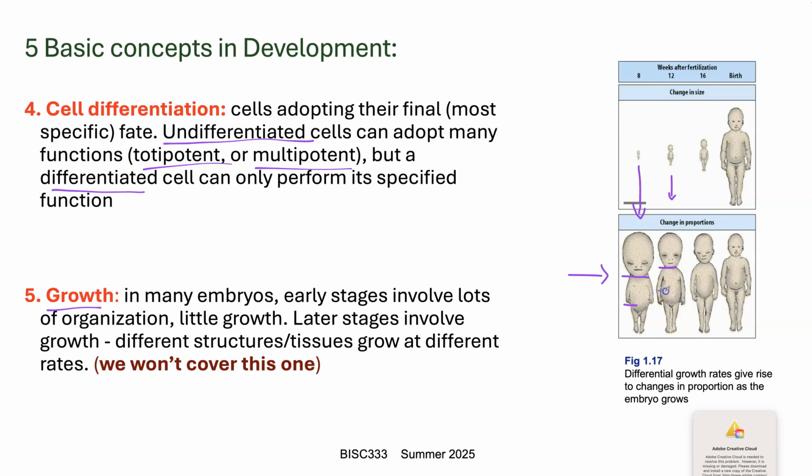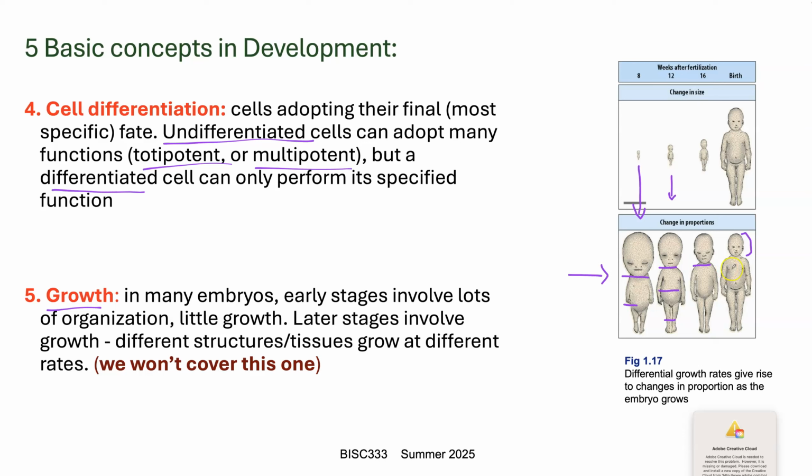The head is almost a quarter of the body size, and then at 16 weeks, again, the head is proportionately smaller than it was. And finally, when the baby is born, the head of a newborn baby is still a remarkably large proportion of the total body size.